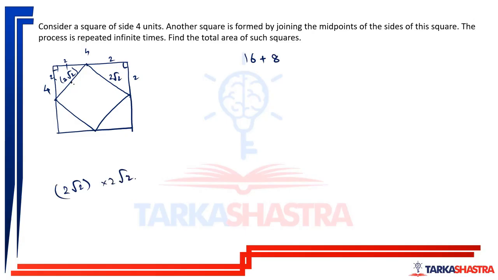Now what will be the next term? If I join the midpoints of this square, what will we have? The side is total 2 root 2, so this is root 2, this is root 2, this is root 2, this is root 2.